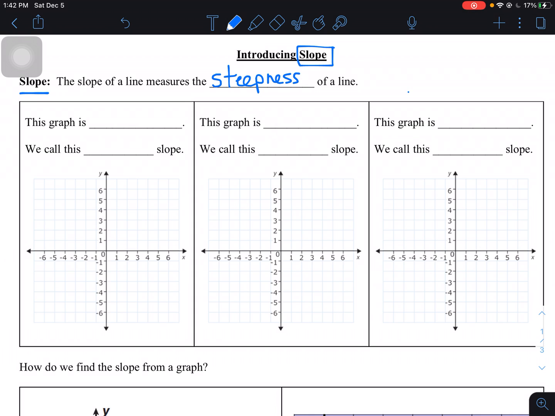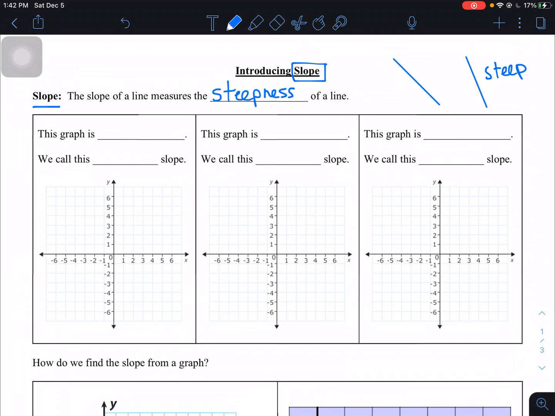Steepness, for example, if we had a slide that you go down like this versus a slide like this, this slide is steeper. It's more steep than this one, because you would go down it faster.